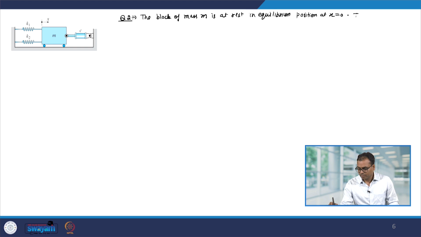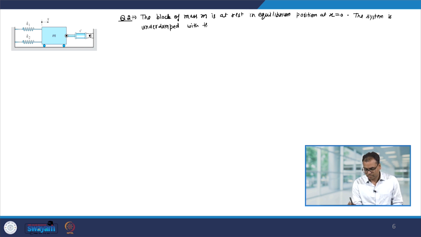The system is underdamped with the damping factor being zeta equal to 0.25.